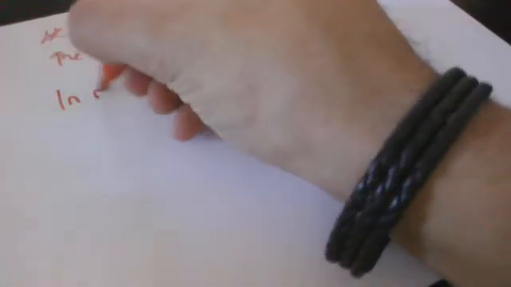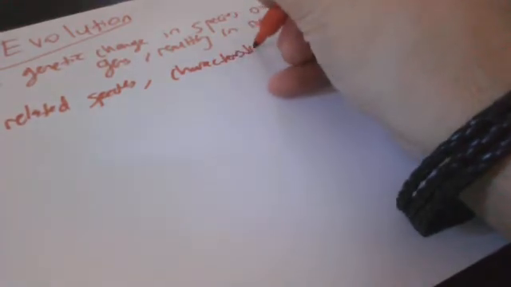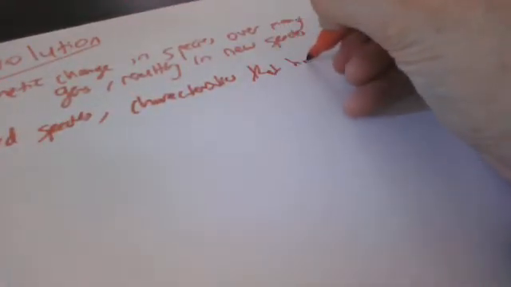Now, in related species, characteristics that have the same basic structure are called homologous. Remember, homologous means the same. Homo, the same.